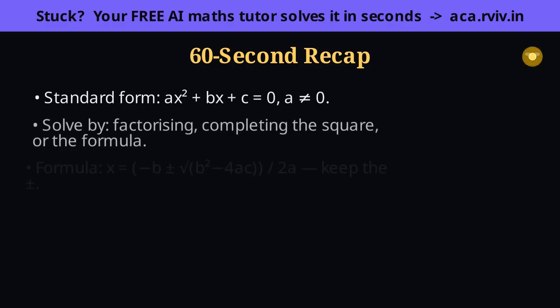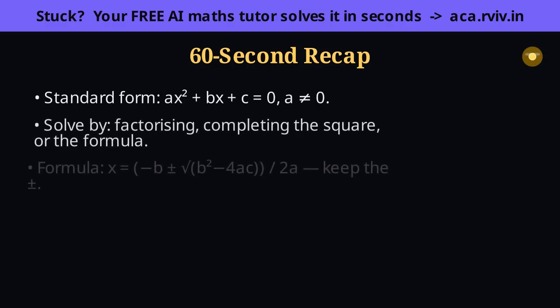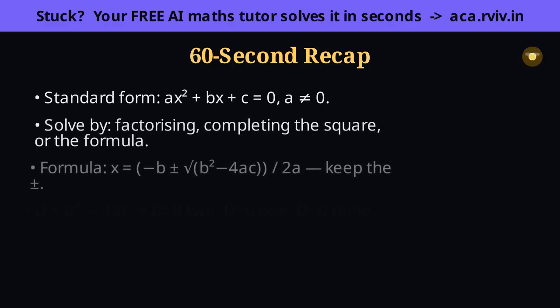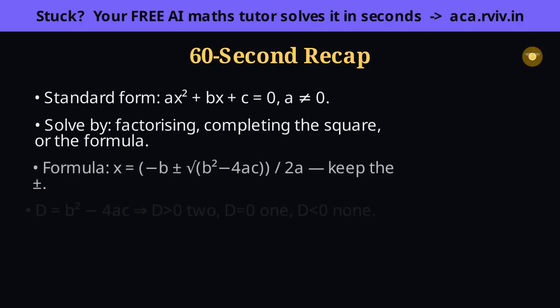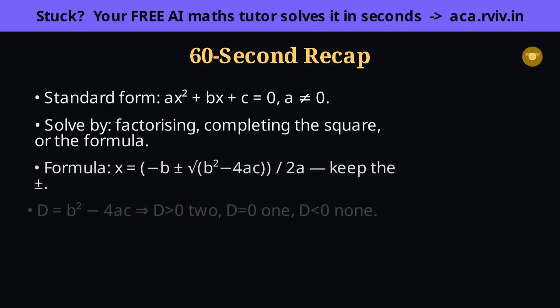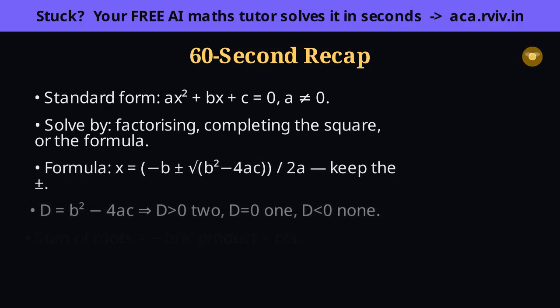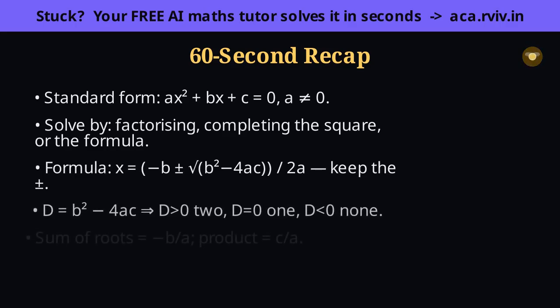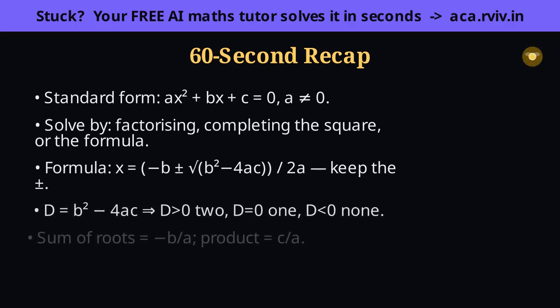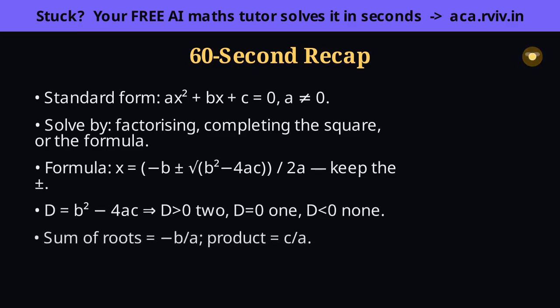Sitting under that root is the discriminant, b squared minus 4ac, which counts the real roots by its sign, 2, 1, or none, matching the parabola cutting, kissing, or clearing the axis. And for free, the sum of the roots is minus b over a and the product is c over a. Hold that single thread and you're exam ready.